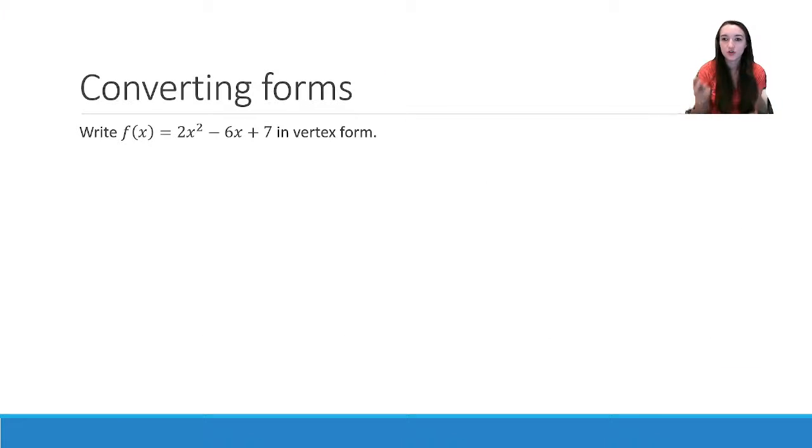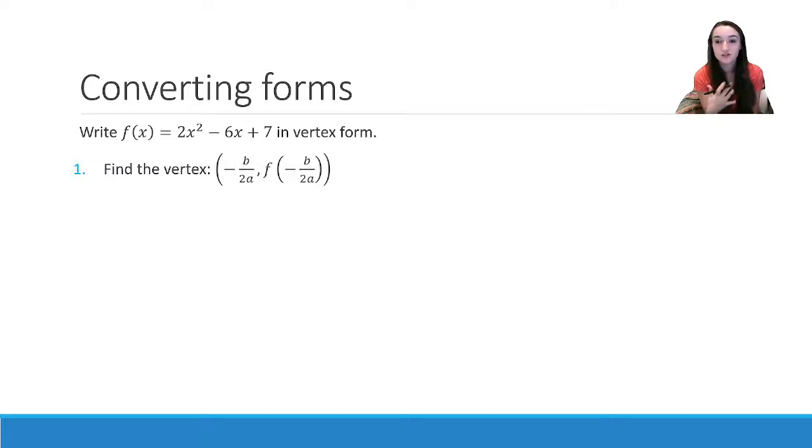If you're not given the graph, or you don't feel like going through the process of making the graph, then there is still a way to get to vertex form. So if I wanted to write f of x equals 2x squared minus 6x plus 7 in vertex form, I can start by finding the vertex. So we have an equation for that. It's the -b over 2a and f of -b over 2a.